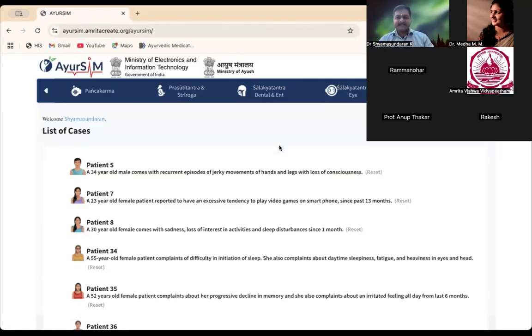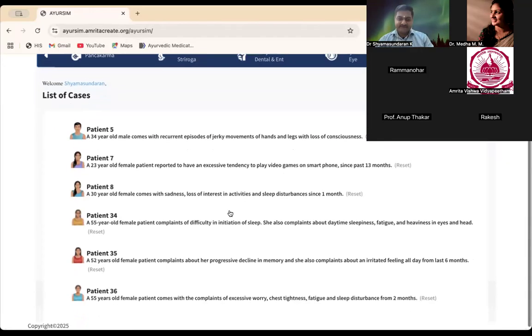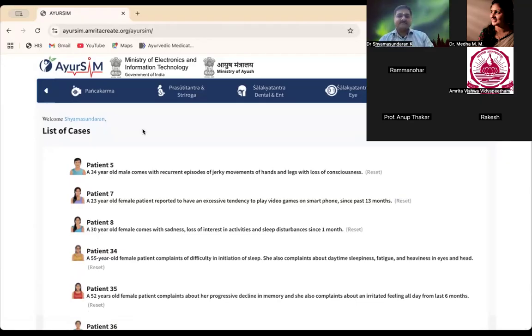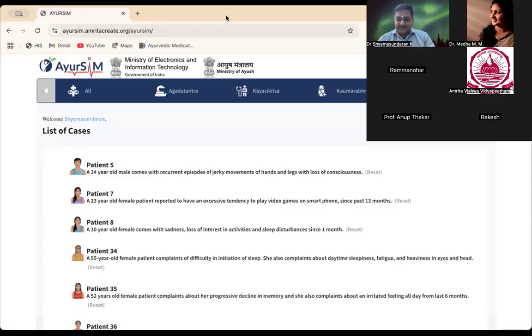And under each, when we chose the 6 cases, what we had in mind, as Dr. Ramanohar sir had already mentioned, is that this portal is mainly for undergraduate BAMS students. This was developed by ITRA and Amrita School of Ayurveda in collaboration.